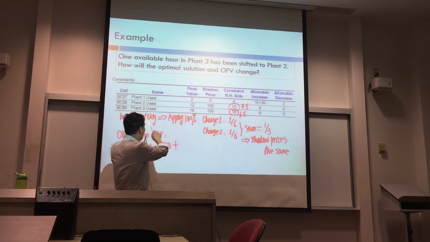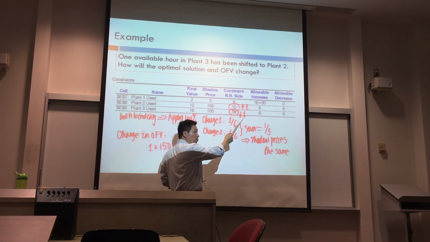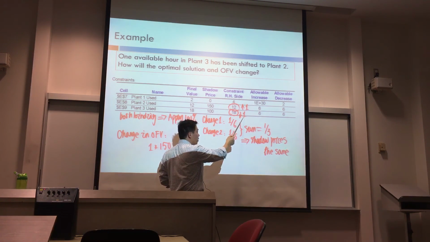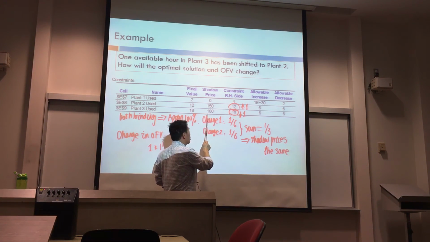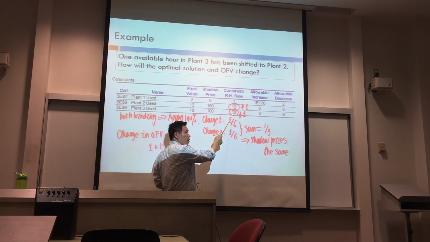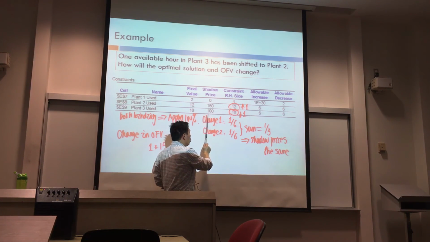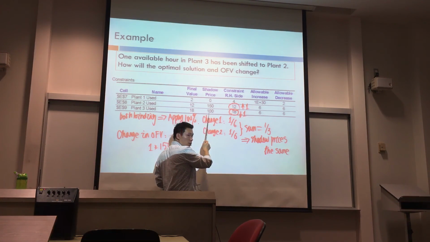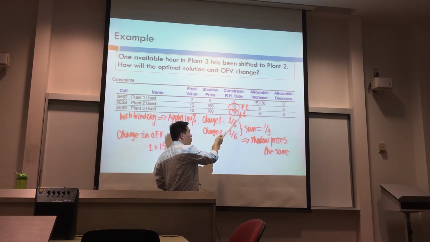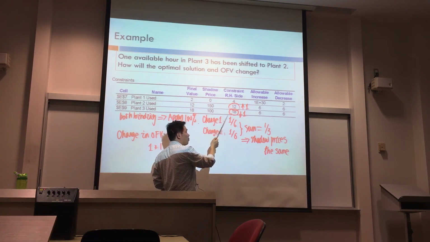And then for this one, you decrease by 1. This value means if you increase 18 to 19, the OFV is going to increase by 100. Now you decrease by 1, so of course it is 100 times minus 1.